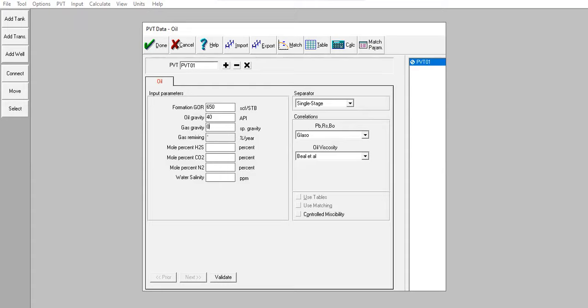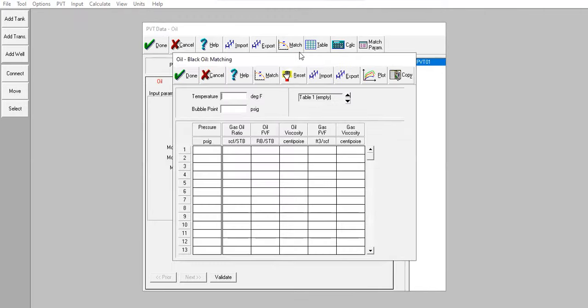Gas gravity 0.6. No H2S, no CO2, no nitrogen, and for water salinity, 25,000 ppm. If you have data, you can do matching by inputting the laboratory data here and click match.